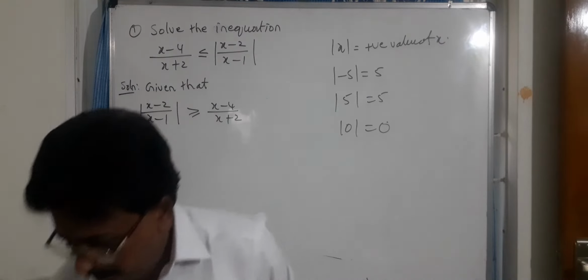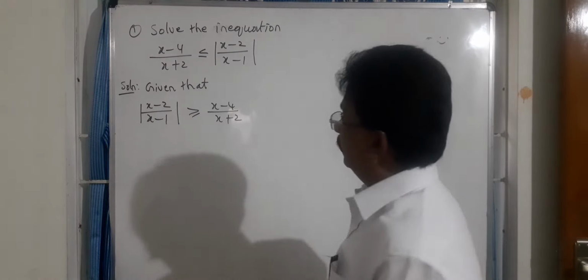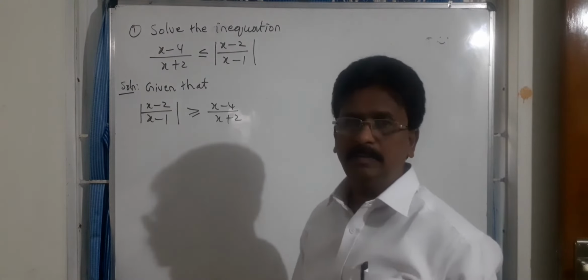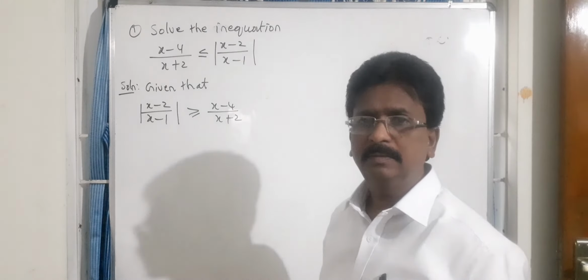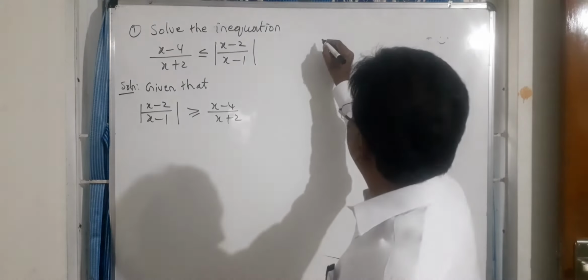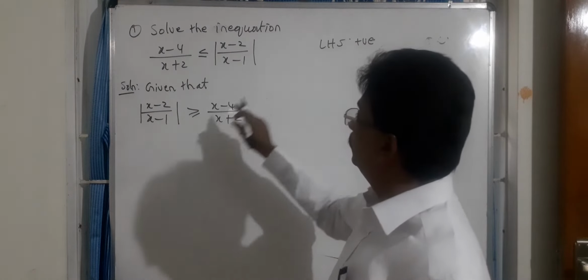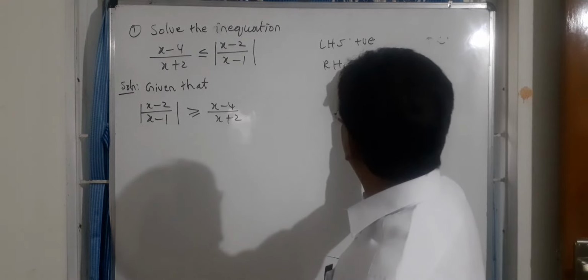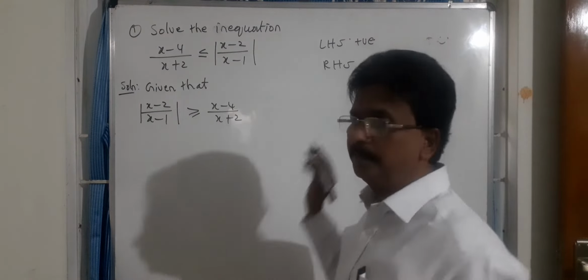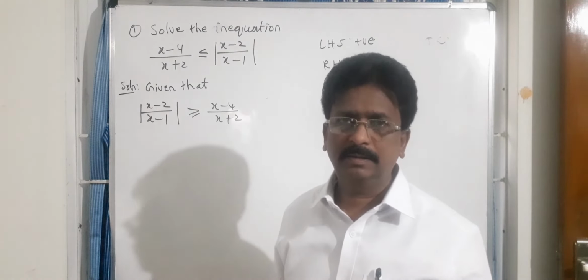Whenever you take the mod of x minus 2 by x minus 1, it is the positive value. LHS is a positive value. Suppose if you consider the RHS is negative, is it possible the inequation is satisfied? Yes.